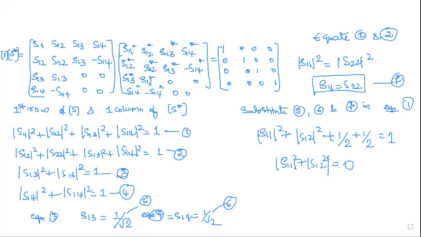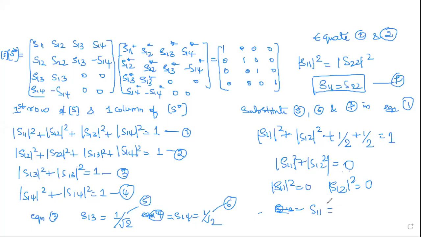The only solution which this equation will have, S11 square plus S12 square equal to 0. I'm talking about solutions, not equating. Since the equation should satisfy 0, S11 square should be equal to 0 and S12 square should be equal to 0. If you have these two values, 0 plus 0, the equation will be satisfied.